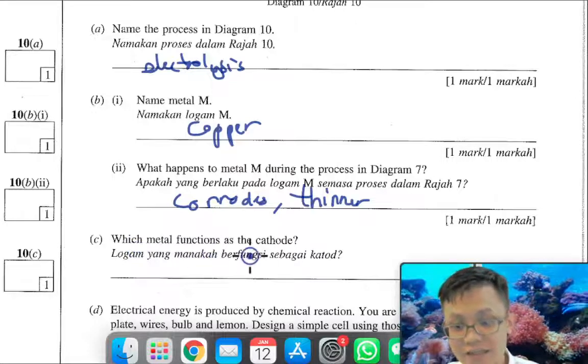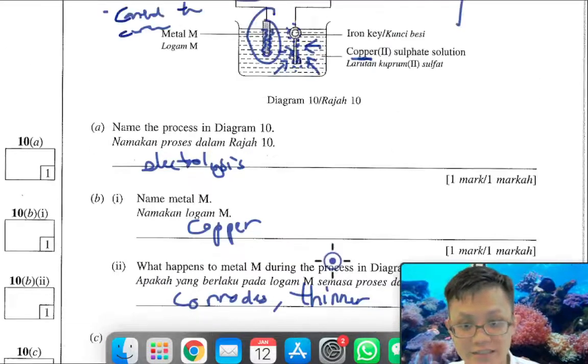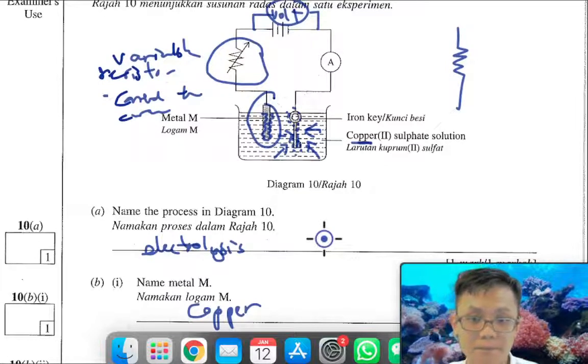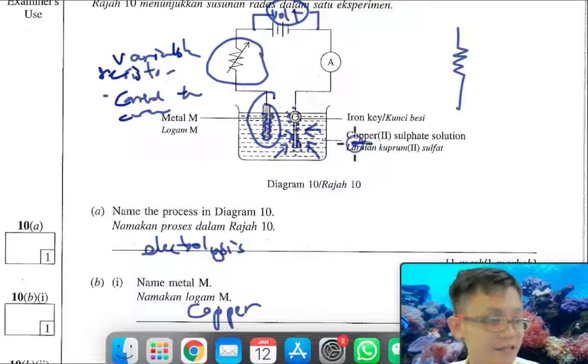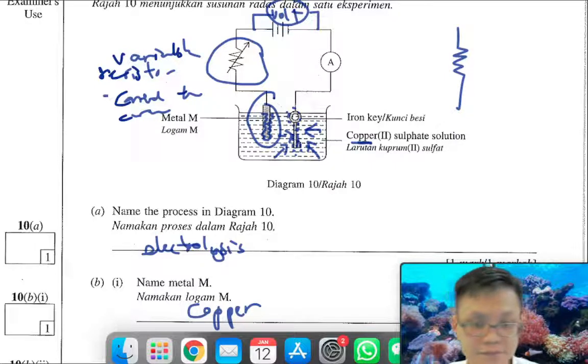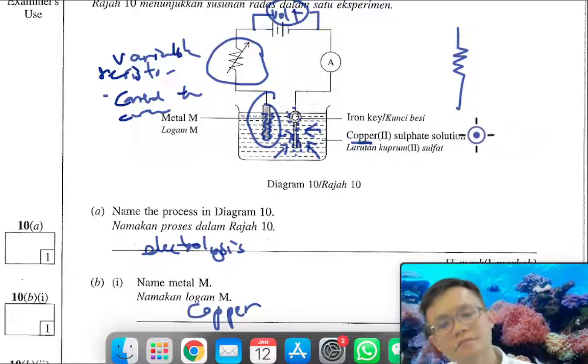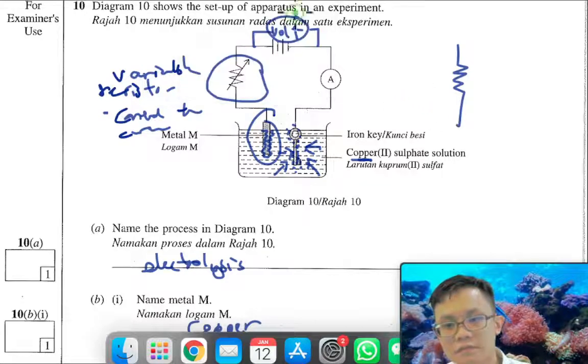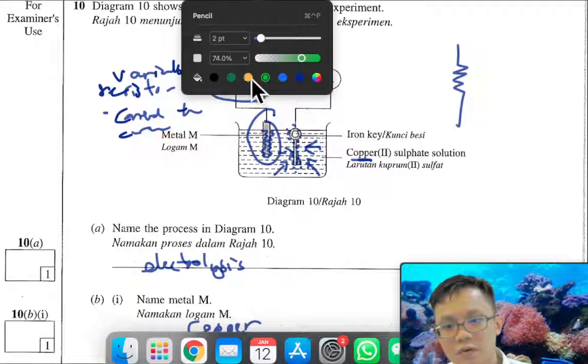Which metal functions as the cathode? So which one is the cathode? Iron key. Why is the iron key the cathode? Because it receives copper. So look at the battery.